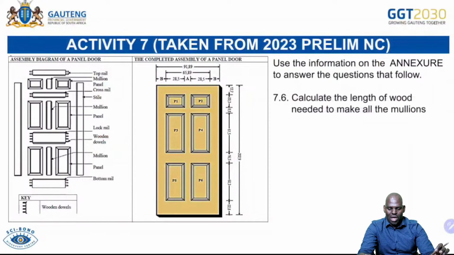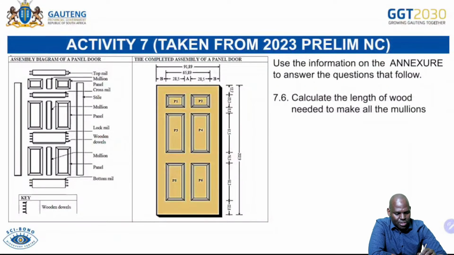And then calculate the length of wood needed to make all the modules. Okay, so this one is calculate the length of the wood needed. So they are indicated. This is the first one, the first module, and then the second one, and then the third one. So the question is calculate the total length.